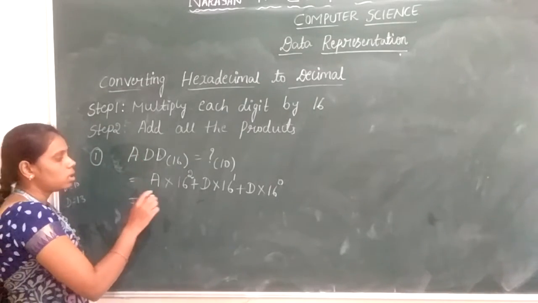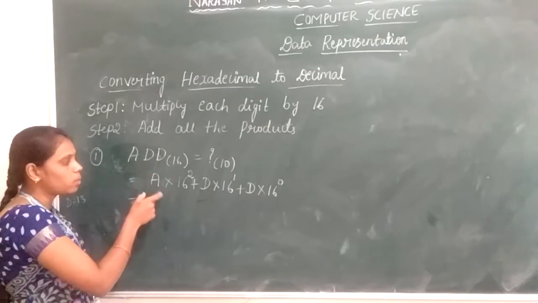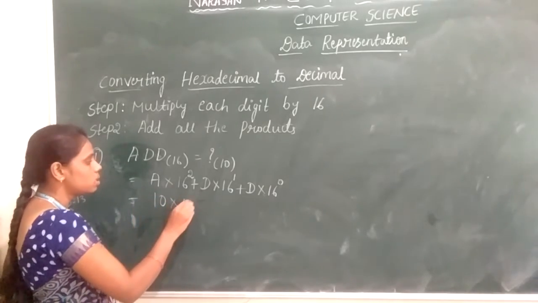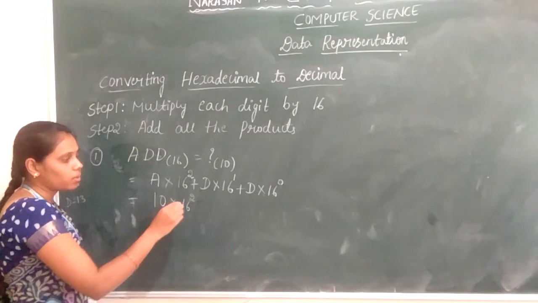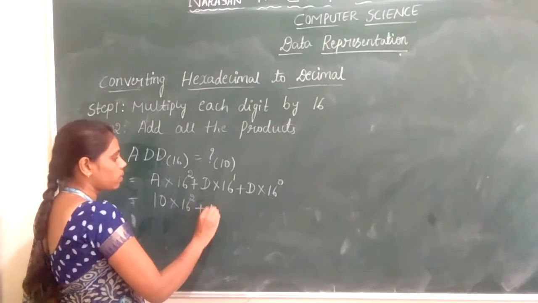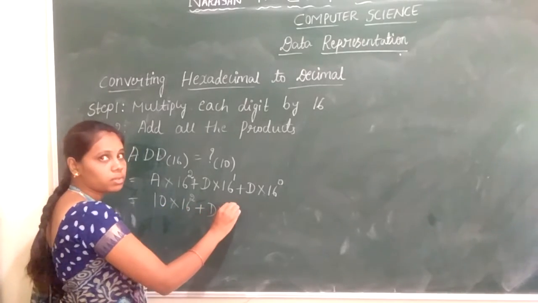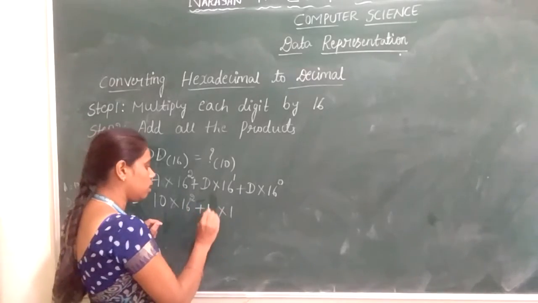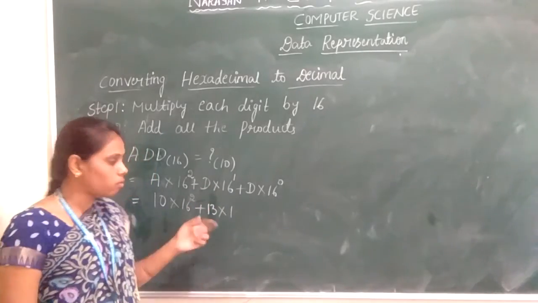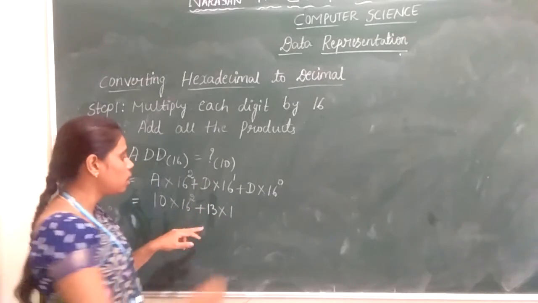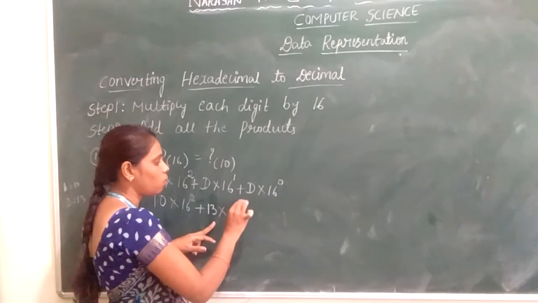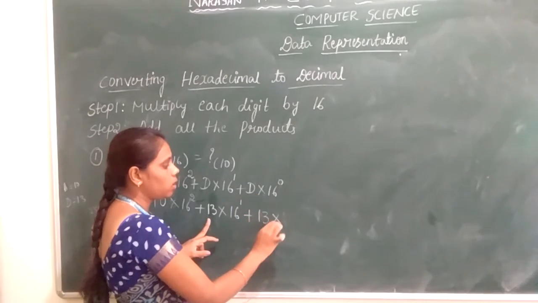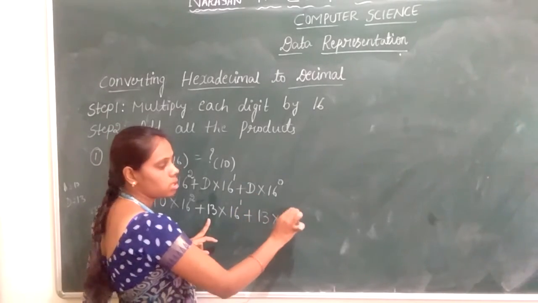Now A, the hexadecimal equivalent value for A is 10, into 16 power 2, plus B into, now B value is 11, into 16 power 1, plus D value is 13, into 16 power 0.